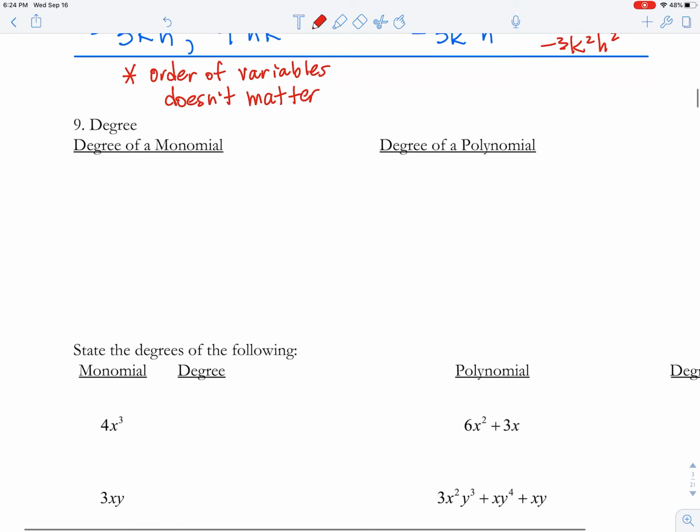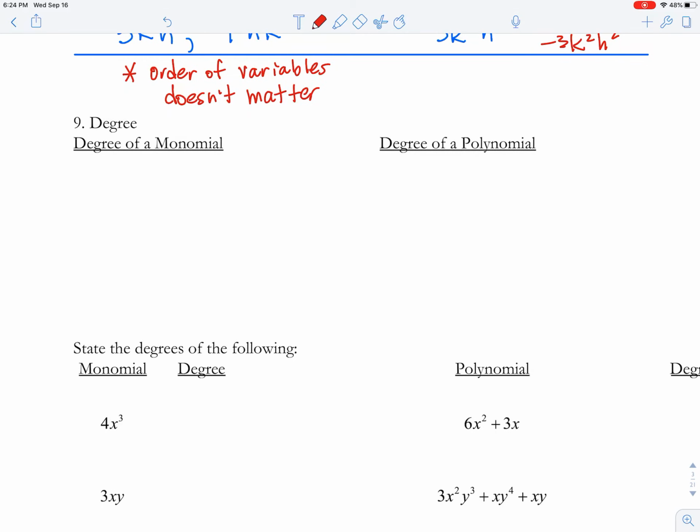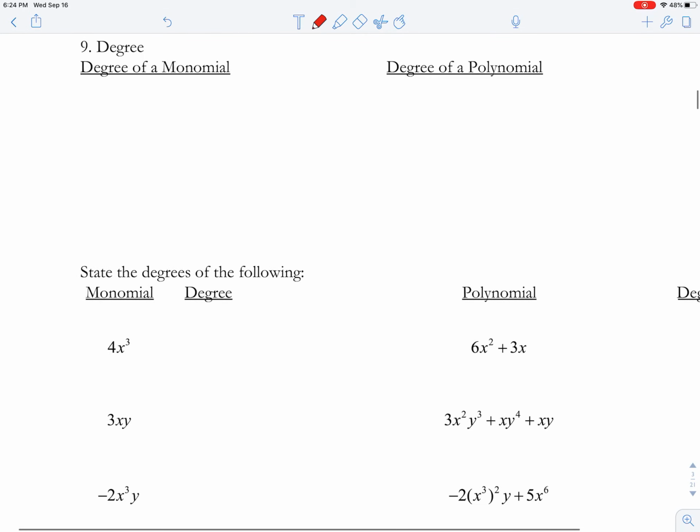One of the new things in this lesson 2.1 is going to be learning about a degree. So the degree of a monomial, we'll start with that. And monomial means we have one term. Just a reminder, polynomial is going to be more than one, right? Sorry, two or more terms.